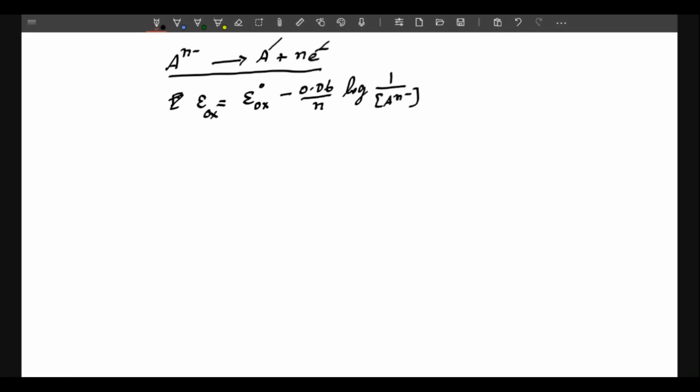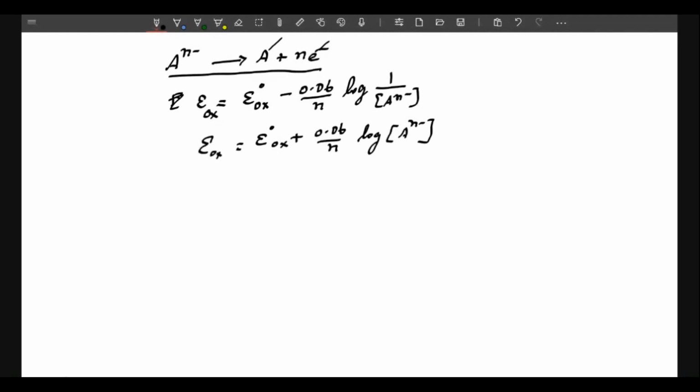Or bring this denominator value to the numerator, it will be converted into plus 0.06 by n into log of the concentration of A power n minus 1, A of n minus 1.